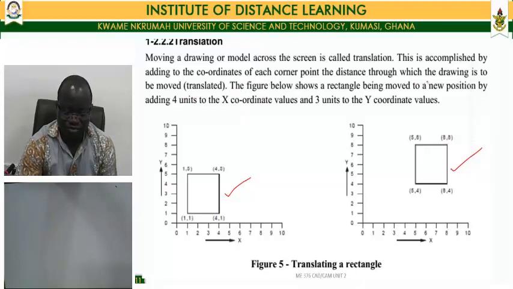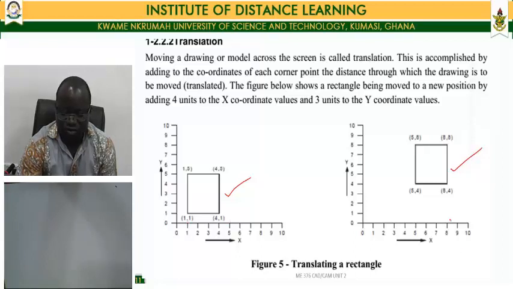So if this has to move, the initial point 1, 1 has to move to start at 5. So it has to do a translation from x equals 1 to x equals 5, which is 4 units to the x coordinate. Now, if you look at the current y value, it is 4 from 1.